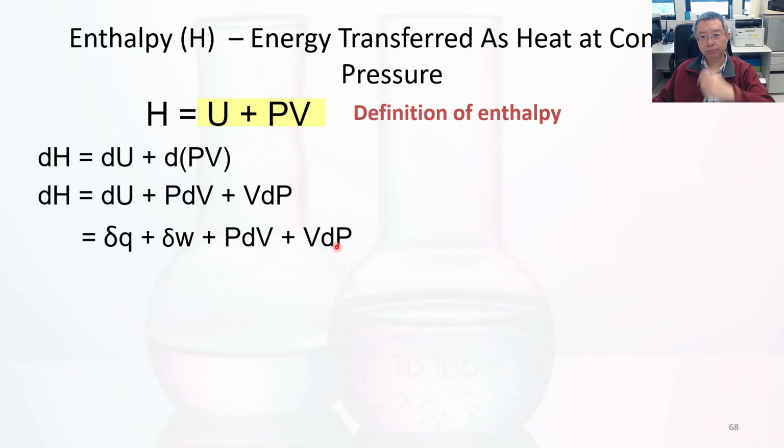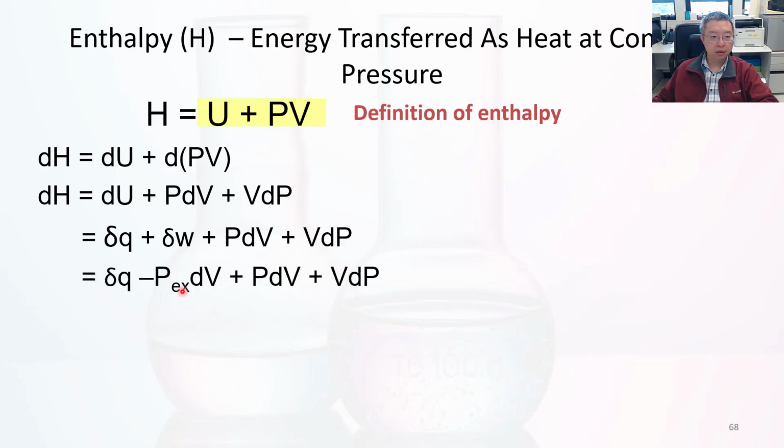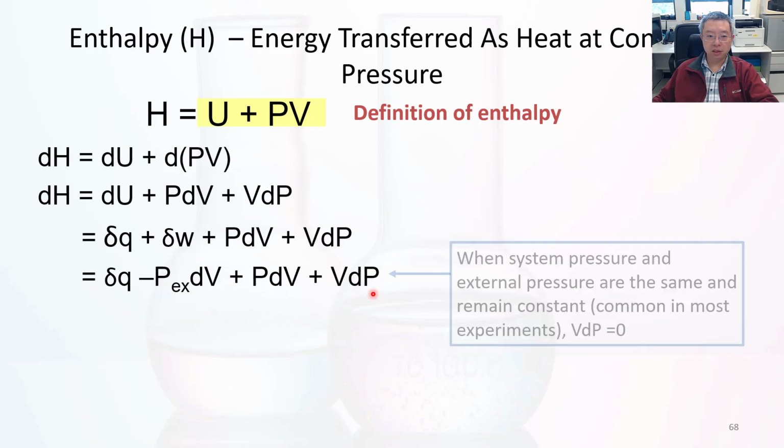If we have a system at constant pressure, so the external pressure is constant, then the expansion work is equal to negative P external dV. And the pressure of the system is not changing, so dP is 0.